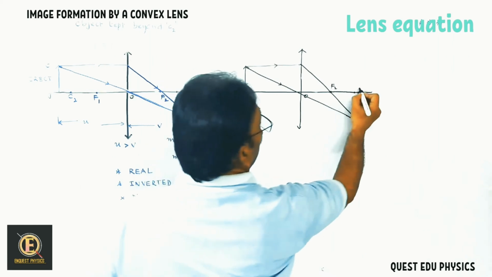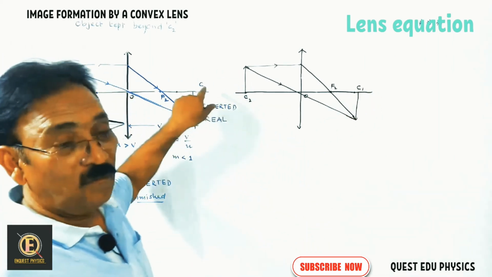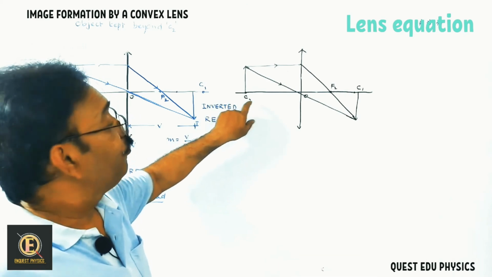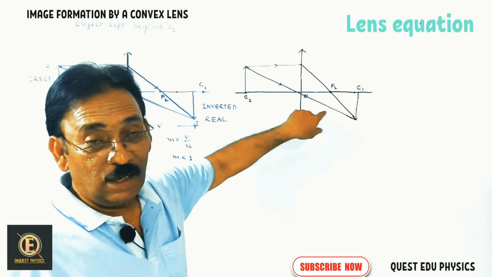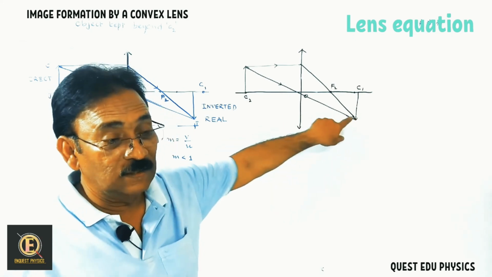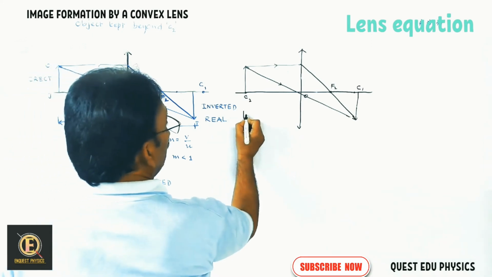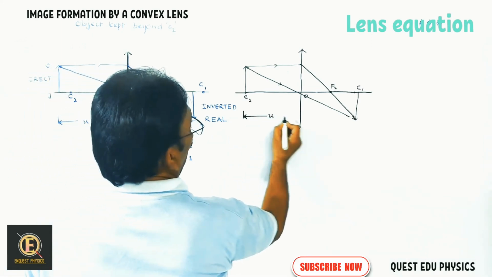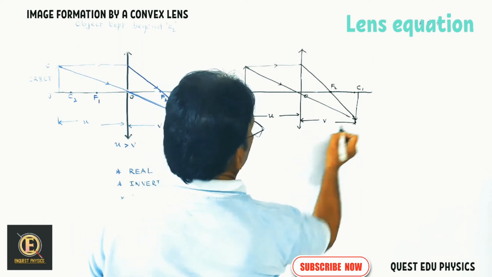Okay students, the same thing is applied here. See this? We are reaching towards the lens. The image is moving towards us. The gap is decreasing. Let's say this is the object distance and this is the image distance, students.